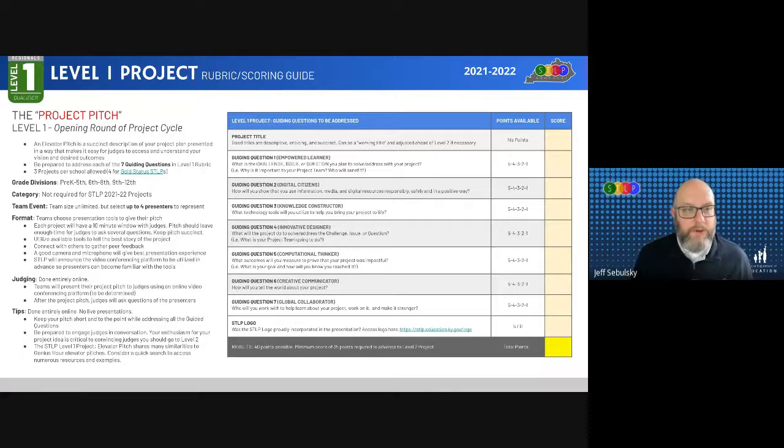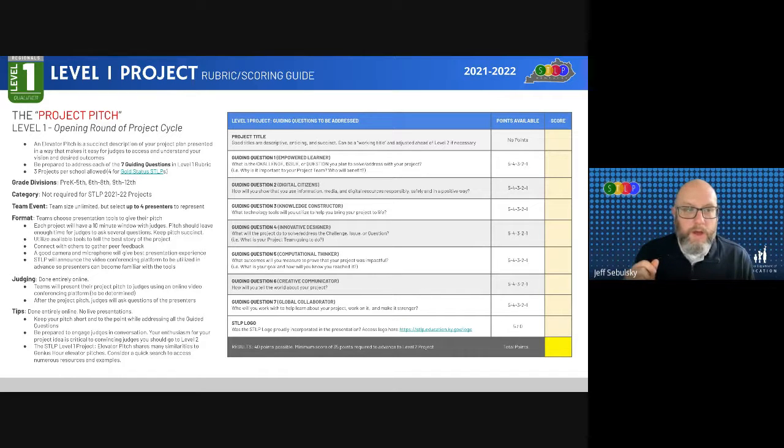They'll have about a 10-minute window with judges, just like we would if we were in person. After they've given their presentation, judges will actually be able to ask them questions. We'll be able to have interaction this year so the judges can understand and give more useful feedback to the project teams before they advance, hopefully, to level 2 at the state.